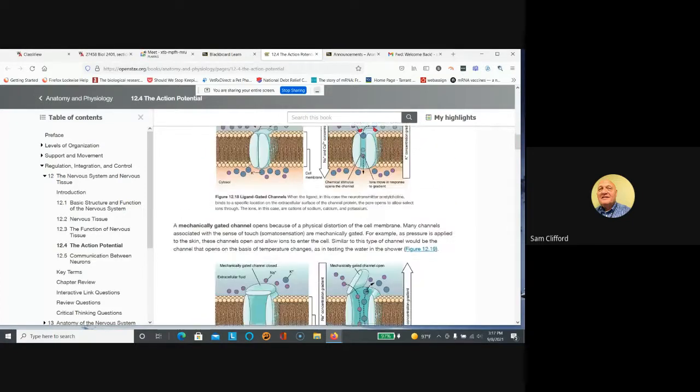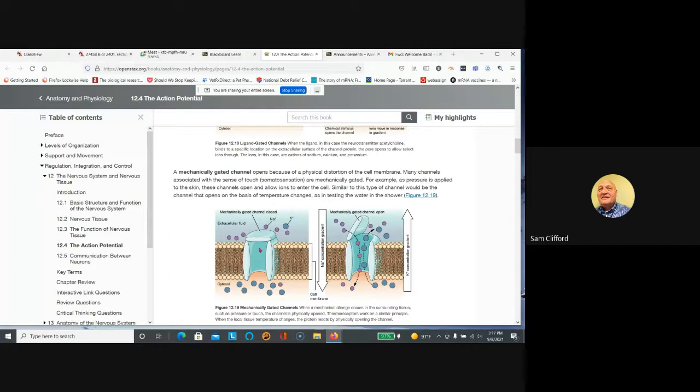We also have mechanically gated channels, meaning suppose somebody pushes on your skin and you feel it. Those channels could open on the basis of touch, pressure to the skin, and the movement of ions in and out of the cell leads to changes in voltage and movement of usually sodium in and potassium out.